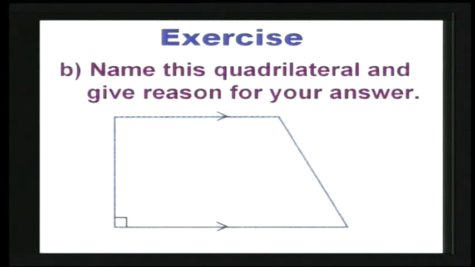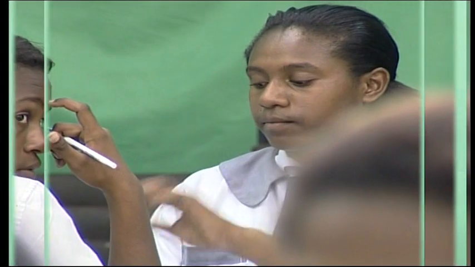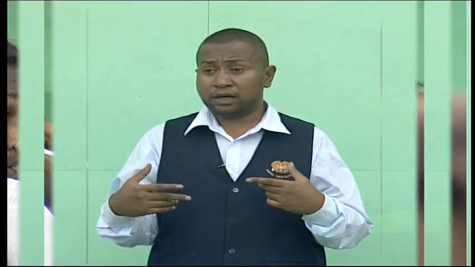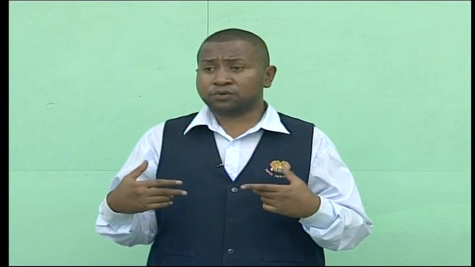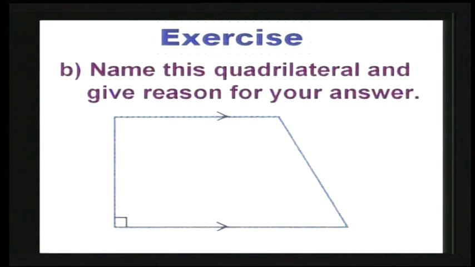Because it's a right angle and there's only two equal sides. Okay, good. 7Es and receiving students, Ruthie is saying it has a right angle given there, and also it has two sides equal. Are the two sides equal? Yes or no?